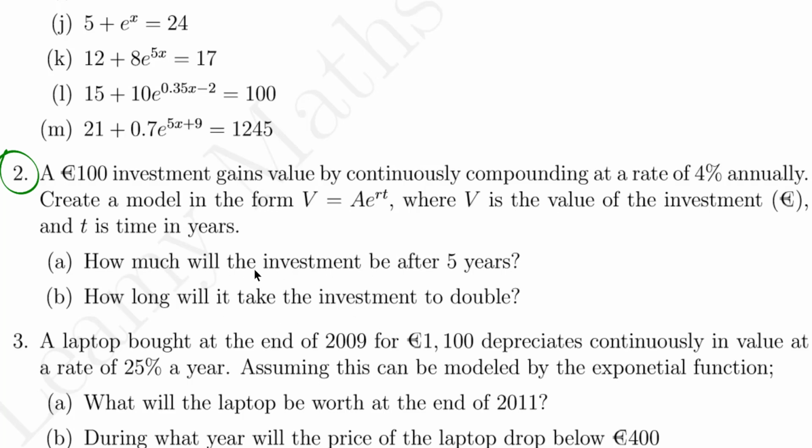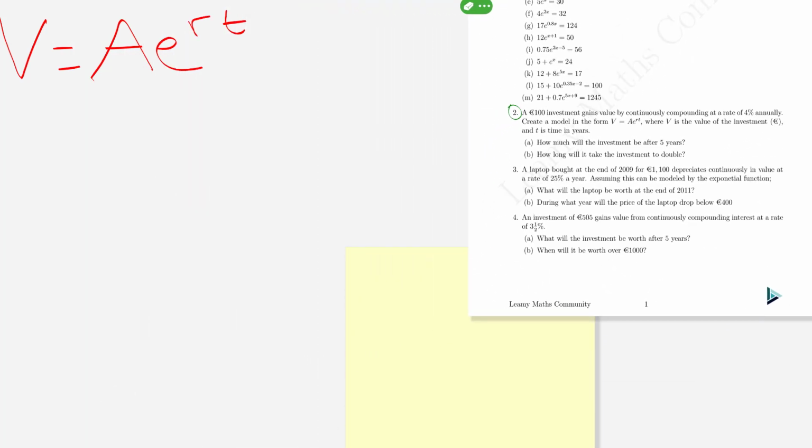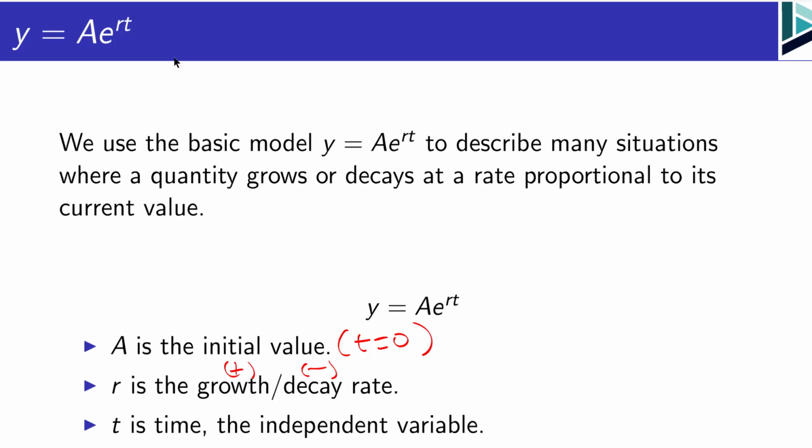So in order to figure out how much the investment will be worth after 5 years, and how long it will take the investment to double, we need to create the model first of all, or create the equation or the function that describes this particular situation. So we're dealing with a function of the form V equals Ae^(rt), remembering that A is the initial value and r is the growth or decay rate.